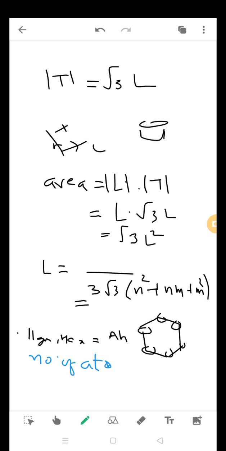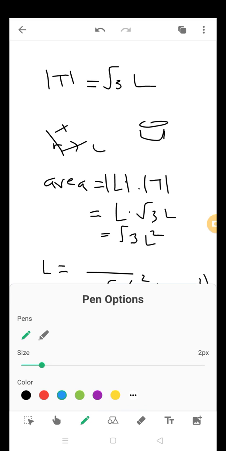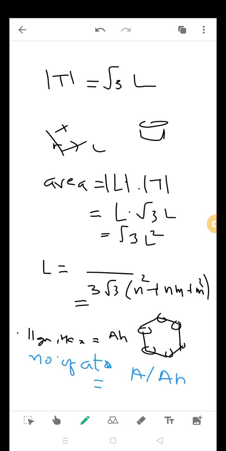So that is equal to, we could divide it, it should become A into AH. That should be the number of atoms, but we add an extra 2 here.